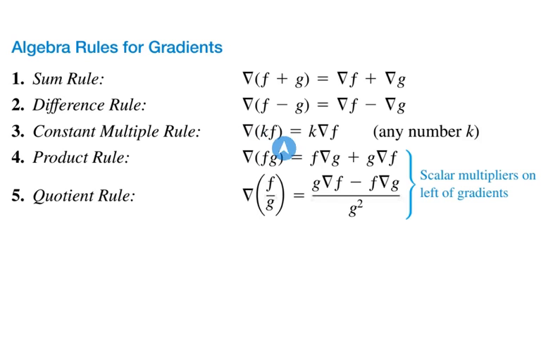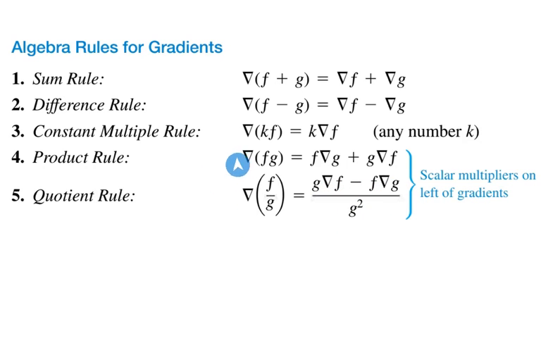If we have a constant k, we can pull that constant in front of the gradient. And then if we are dealing with the gradient of a product or the gradient of a quotient of functions, then we would say f gradient g plus g gradient of f, or g gradient of f minus f gradient of g, divided by g squared.